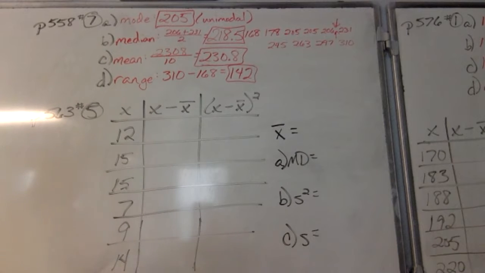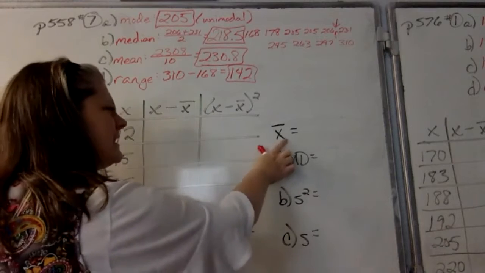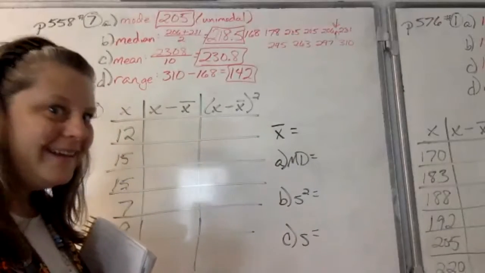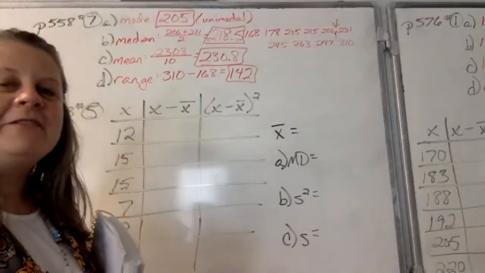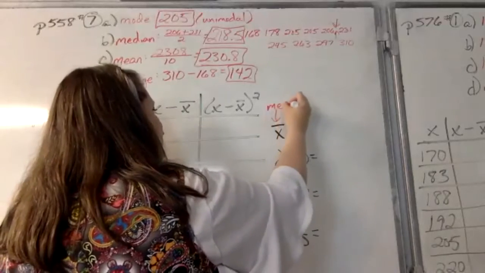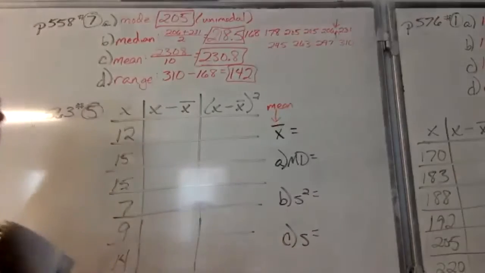Okay, so what we're going to do, remember the first thing that we have to find is this. What does this symbol mean? It means the mean. I was trying to see if y'all paid attention. This is the mean, okay?